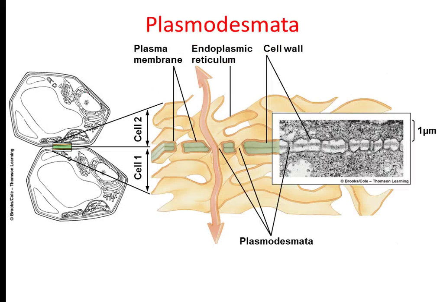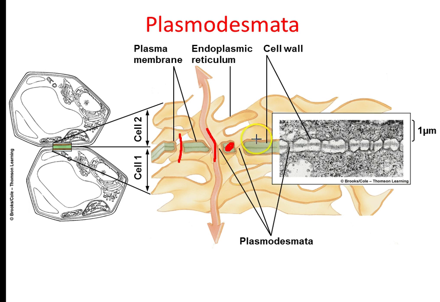Okay, here's a diagram from your textbook. Right here we have the cell wall of the two cells, and then right here is an opening through that cell wall. Here's another opening through that cell wall.